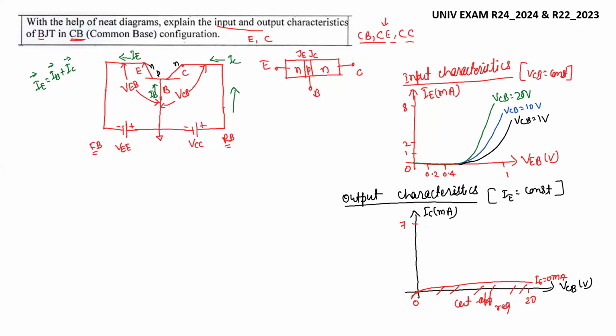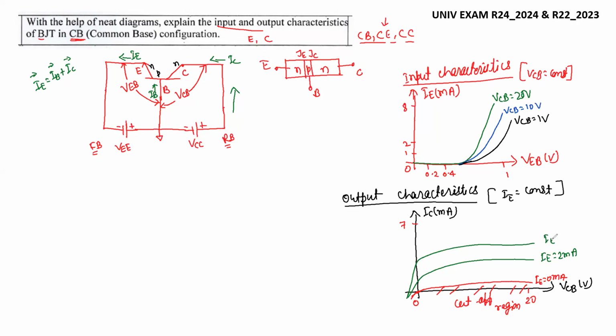That is the discussion about cutoff, saturation, and all these things. Next, we are going to change the emitter current. Here you are seeing that from the backside itself, the waveform is going to start. Suppose emitter current is 2 milliamperes. Like this, we are going to increase the value of the emitter current.